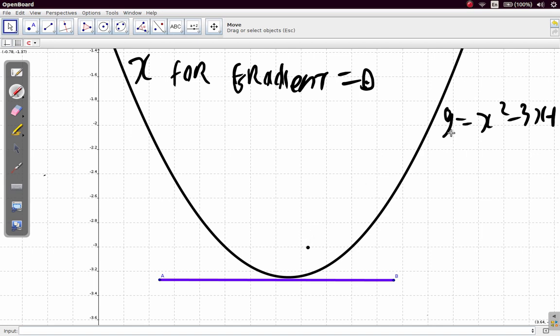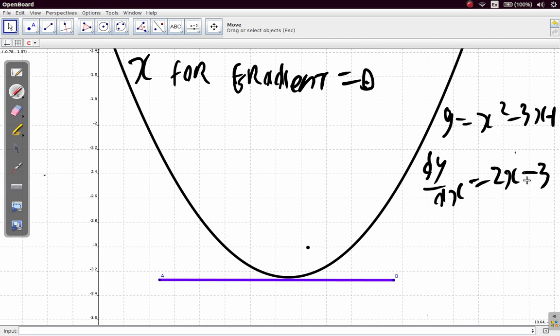Now, y equals x squared minus 3x minus 1. Remember the power rule? We say dy by dx is equal to 2x to the power of 1. So what we have is 2x minus 3.